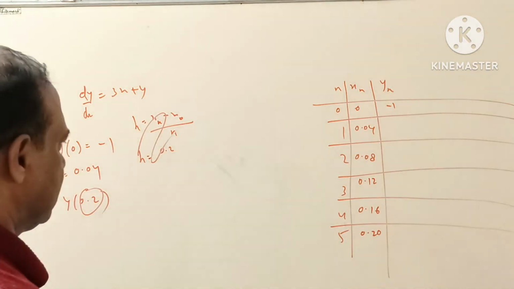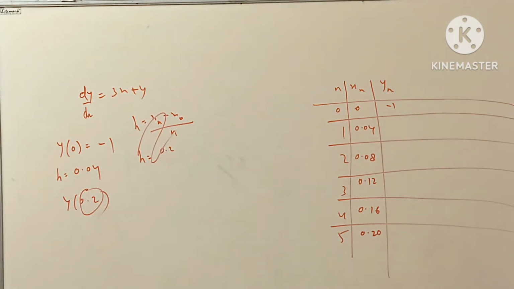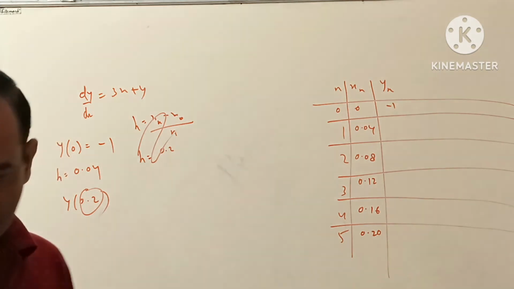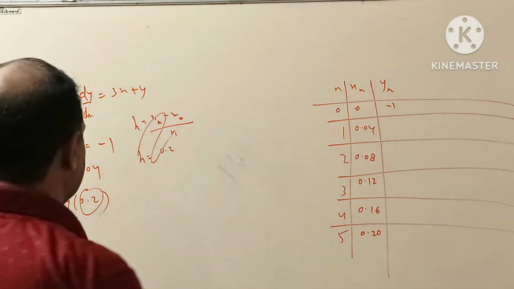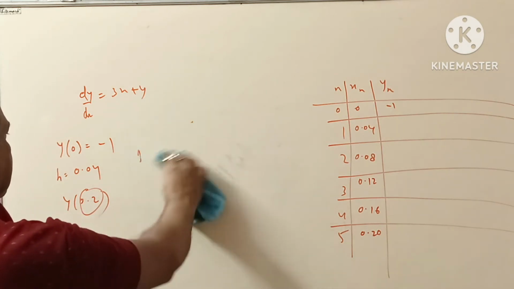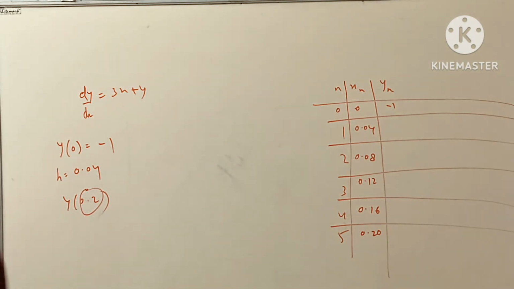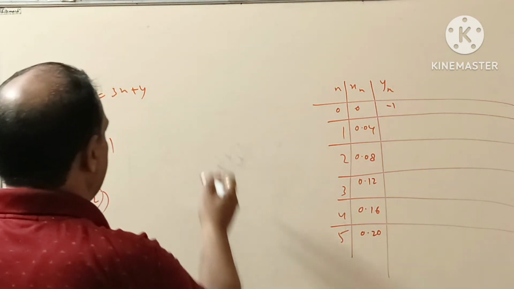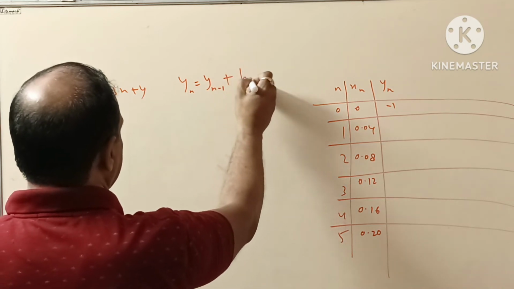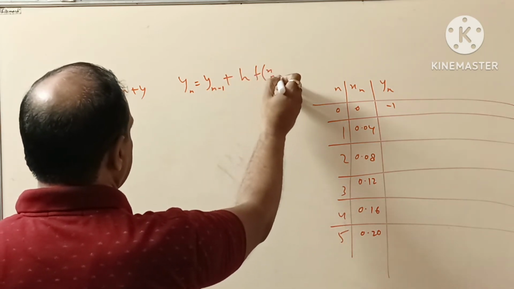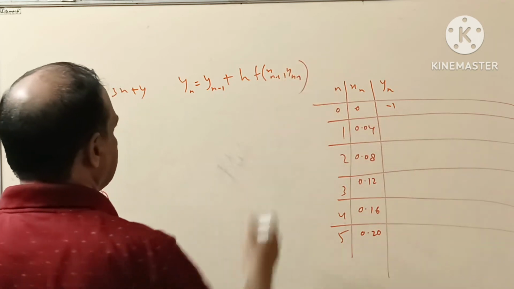Clear? Now you have to just use the formula to solve it. Now I am writing down Euler's formula: yn is equal to yn minus 1 plus h f of xn minus 1 and yn minus 1.